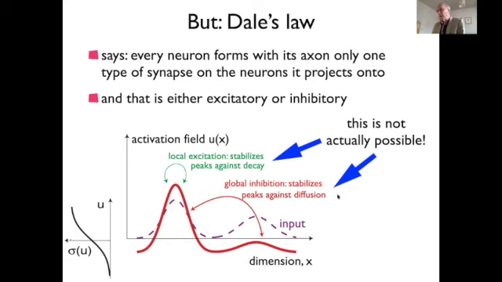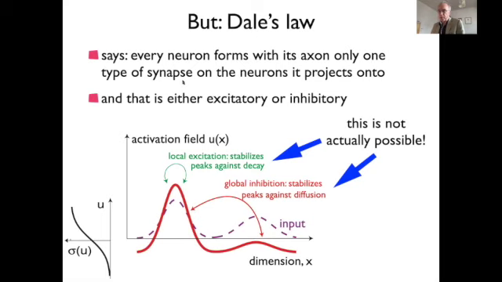But I already hinted at earlier that this violates a principle of neurophysiology in the brain that we theoreticians like to call Dale's law, after someone who first postulated that. And that principle says that every neuron only forms one type of synapse on the neurons onto which it projects.